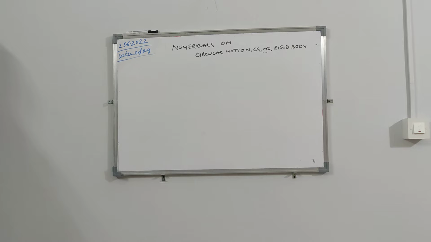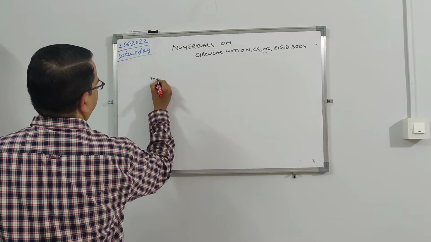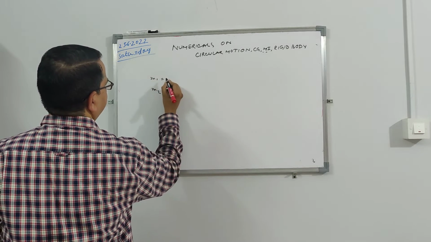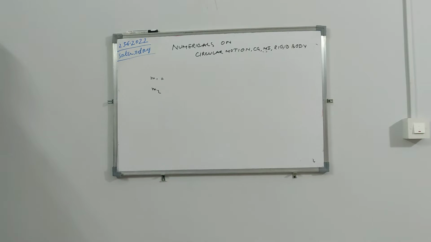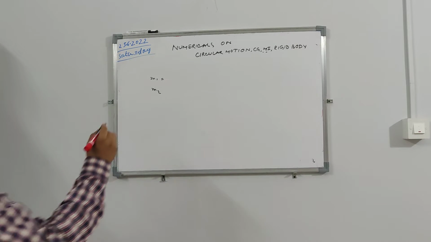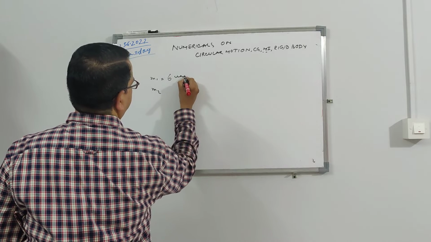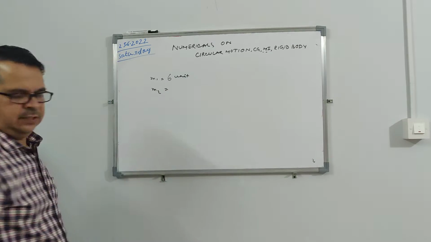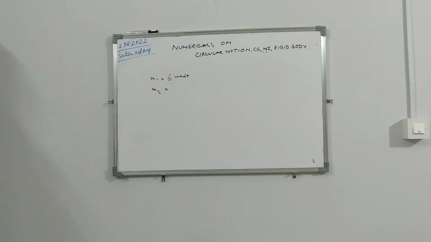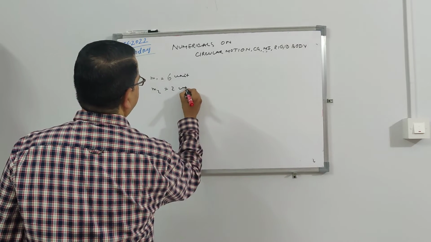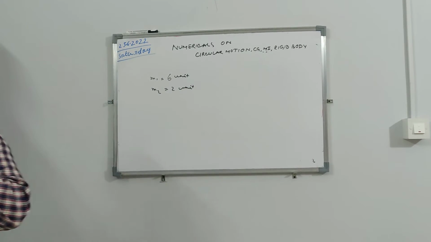So there is another numerical on this. If there are two masses, let us say m1 and m2. The first mass is of 6 units and the second mass is of 2 units. 2 units means it can be 2 kg, 2 gram or whatever.